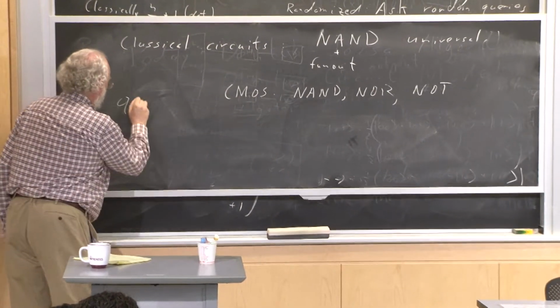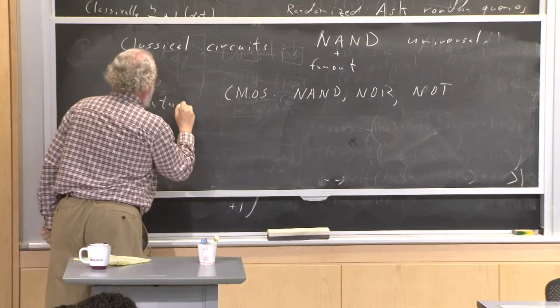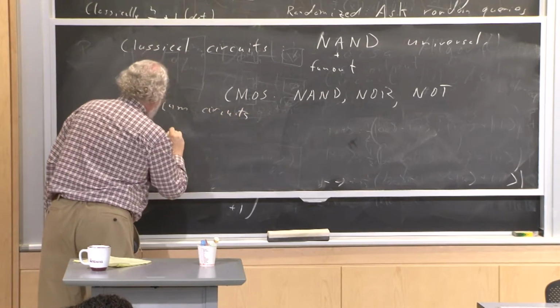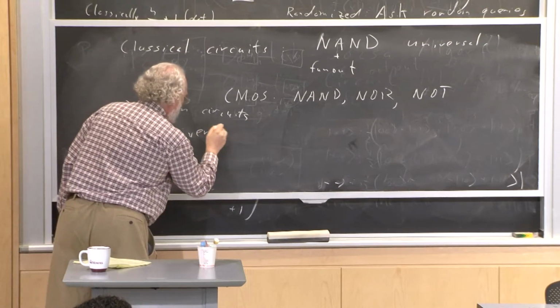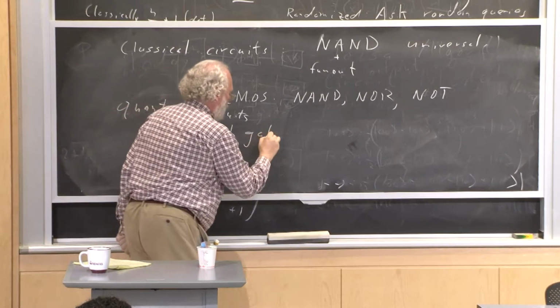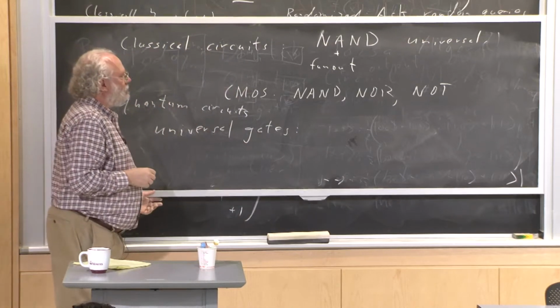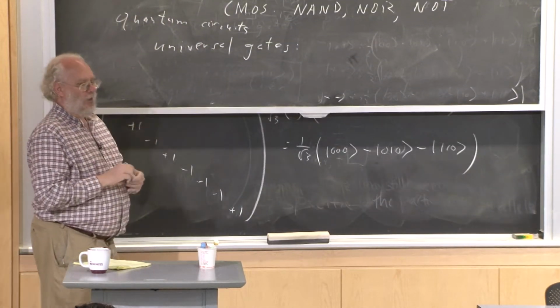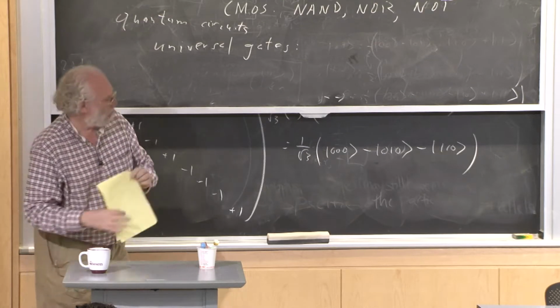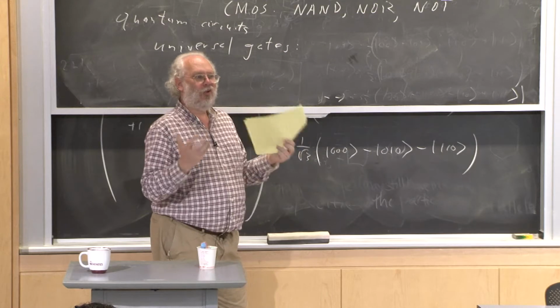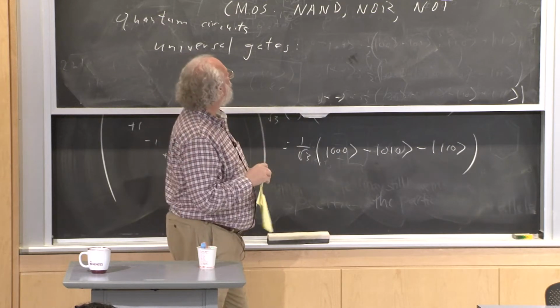So quantum circuits. Universal gates. Okay. So we're going to build a quantum circuit out of some set of universal gates.